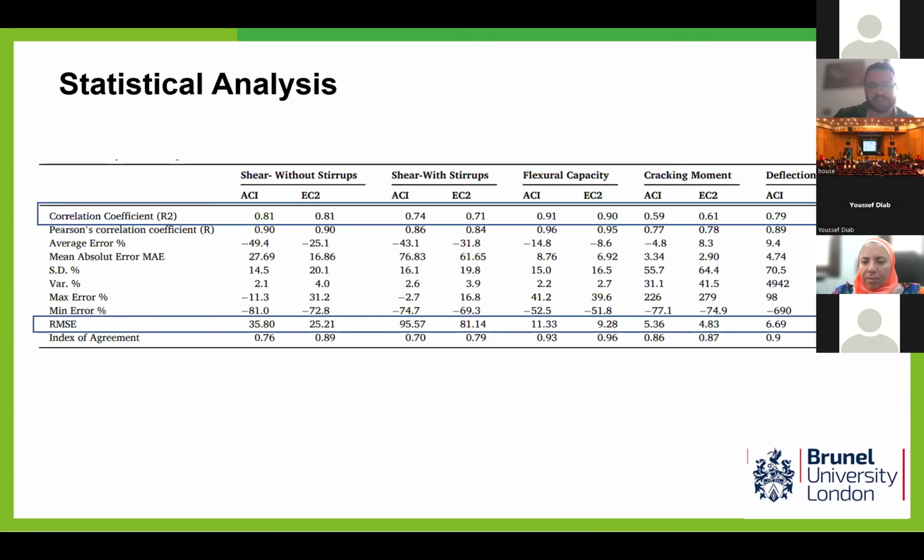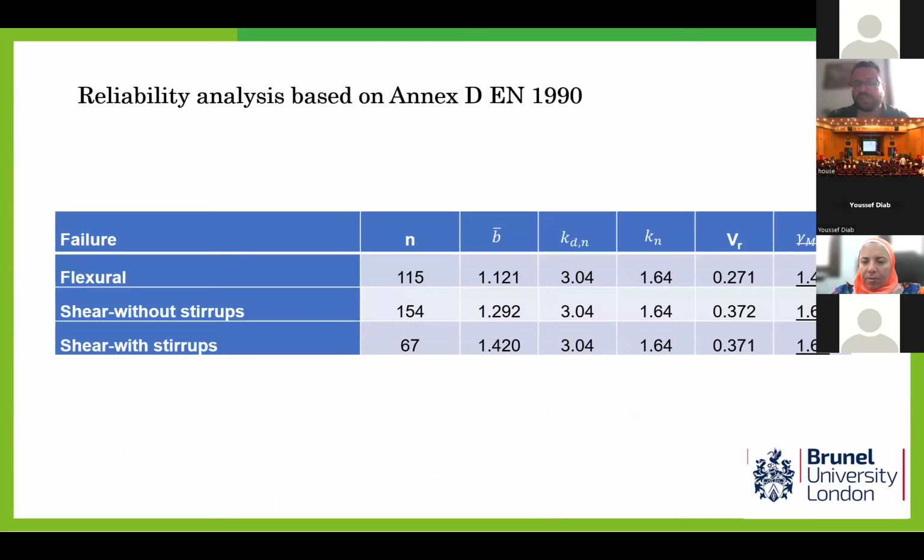We found that our design, compared with ACI, gives very good correlation, and even better. According to reliability analysis, we proposed a partial safety factor that can be used by designers, and this is currently used by a lot of designers in the UK.